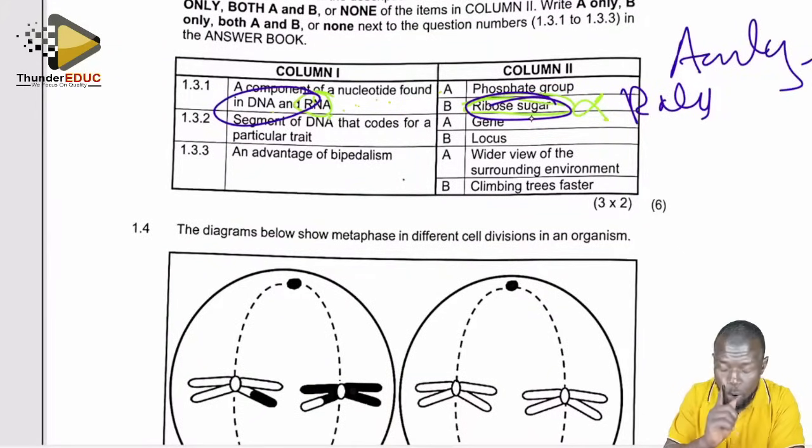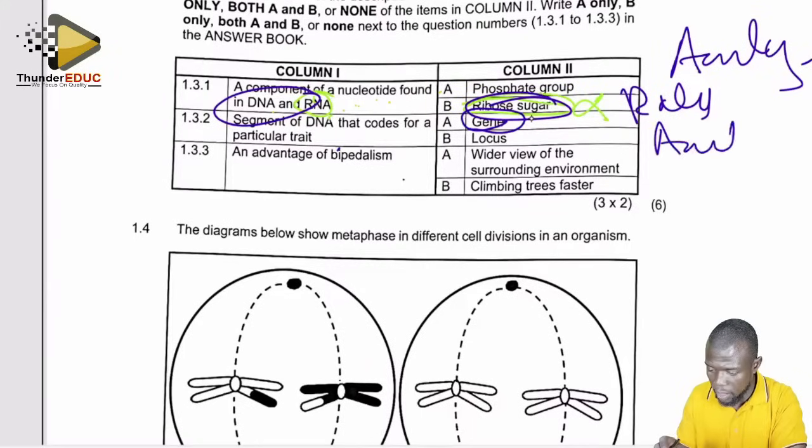Yes. They're saying a segment of DNA that codes for a particular trait. This one is the segment of DNA that controls a particular trait. So we call it a gene. It's A only. Advantage of bipedalism: wider view of the surroundings, climbing trees. A only.